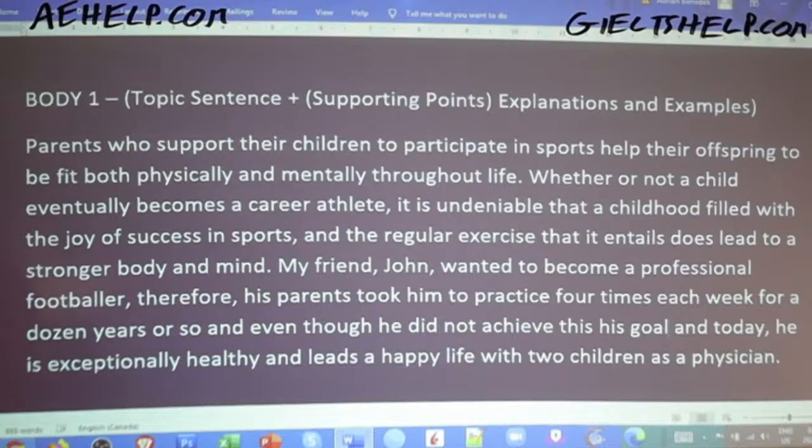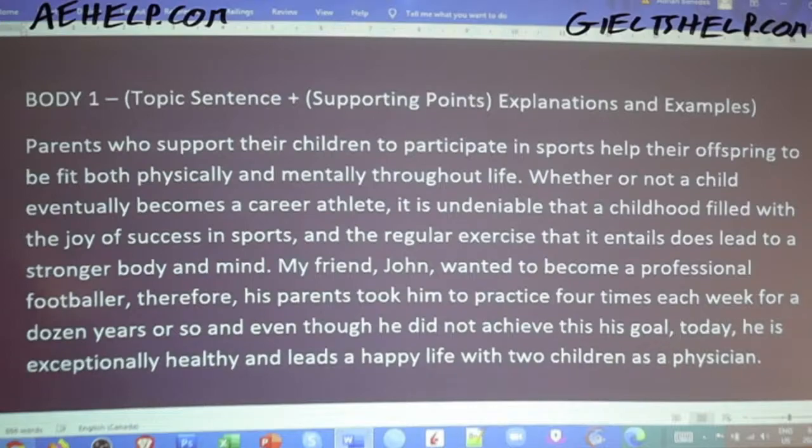Even though he did not achieve his goal, today, he is exceptionally healthy and leads a happy life as a physician with 2 children. Can everybody see that the order of information is better now? It's more logical. Okay. Does everybody see that?